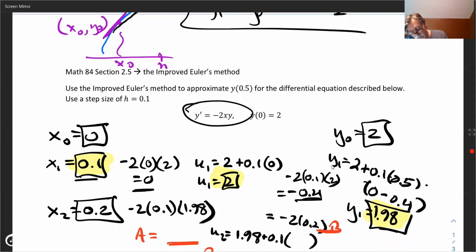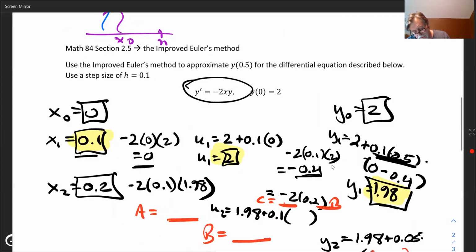I just went Y2 is equal to Y1, which is 1.98. And then I took these two guys, and I just called it 0.05 times, and in the parentheses, all I did was A plus C. I forgot to say, I stored it into C. So I have A, B, C, and whatever this turned out to be, I stored it in D.